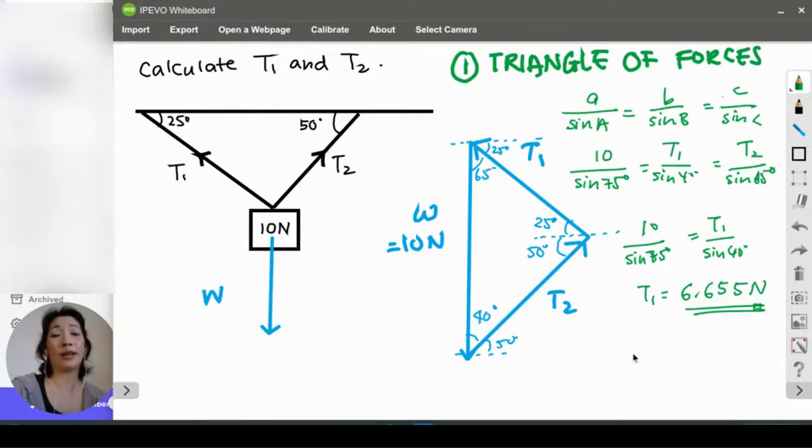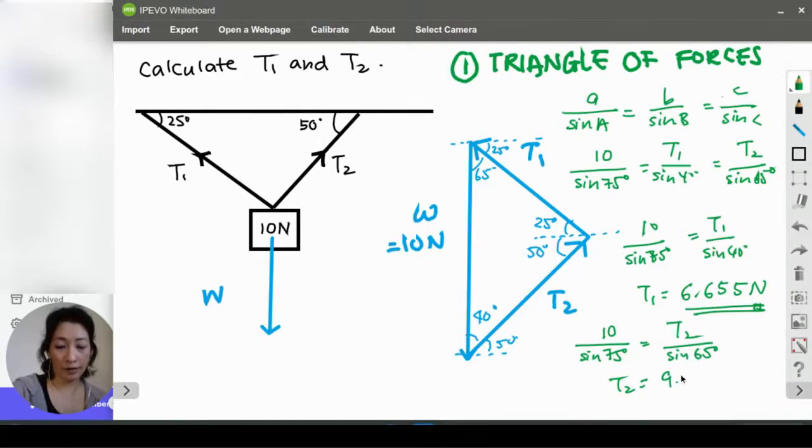Then do the same thing to calculate T2. So I'm going to take 10 over sine 75 degrees is equal to T2 over sine 65. Using the calculator, you would get 9.383 Newton.